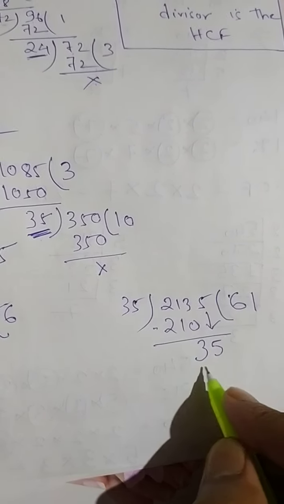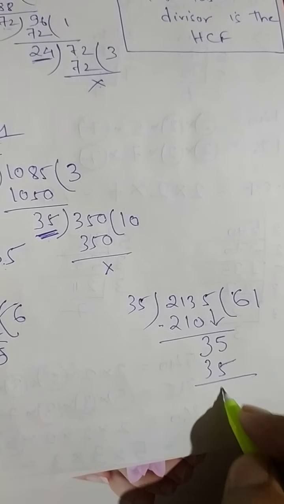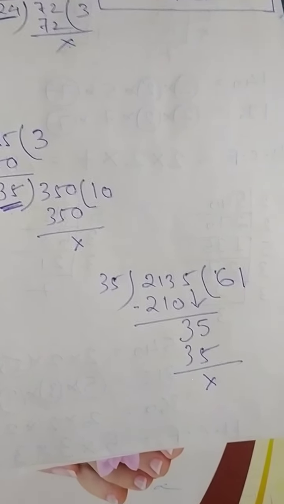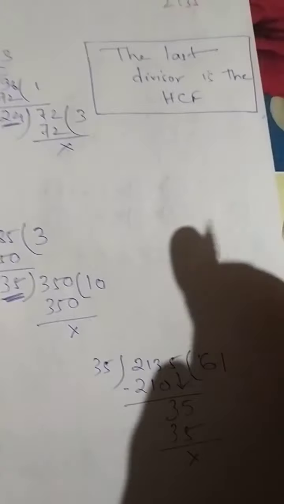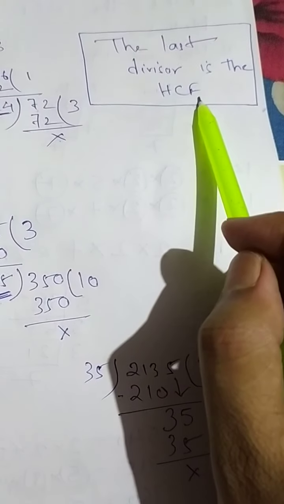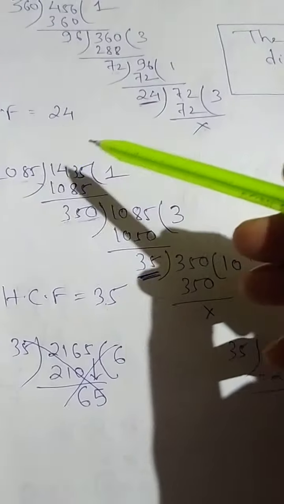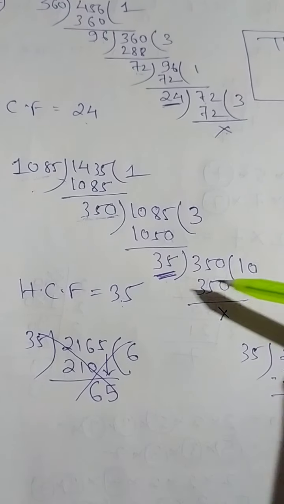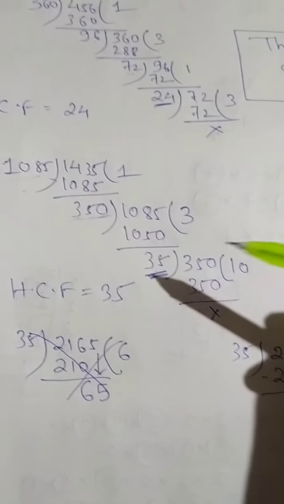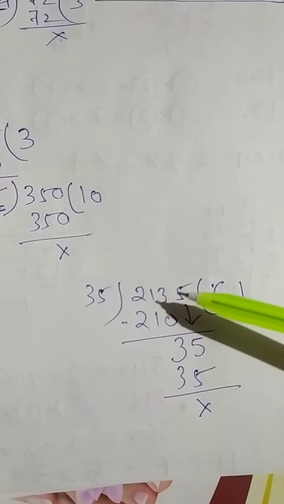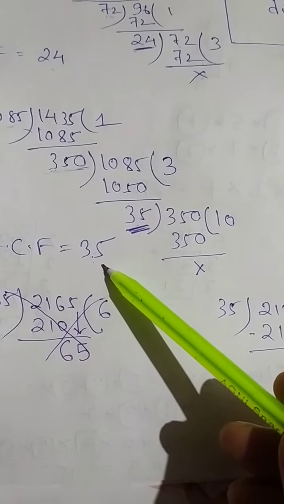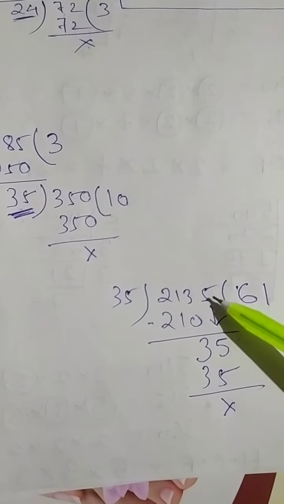Now 1 times 35, remainder is 0. So which one is the final answer? I already told you the last divisor is the HCF. So what is the method? First with 1085 and 1435 we have done with these two numbers, your HCF is coming 35. Next, with this HCF you have to divide the third number, which is 2135.